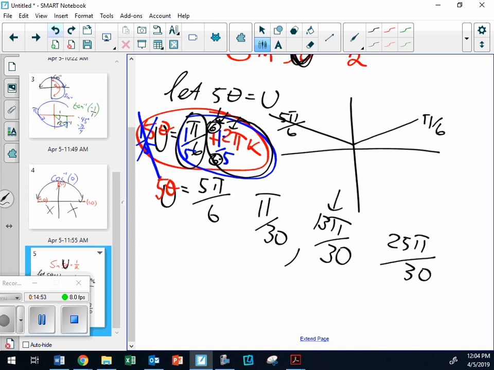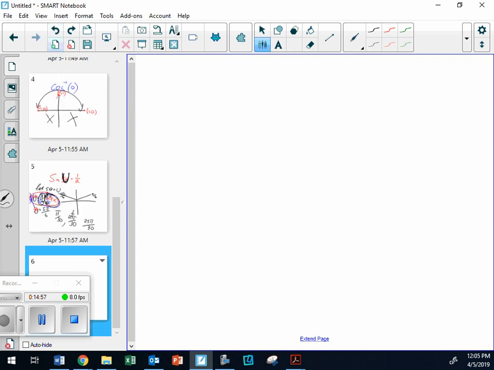All right. Okay. So the last kind I wanted to practice before you get going here is, what if it's tangent of cosine of... let's do one we already did.